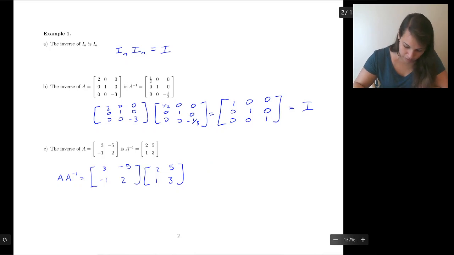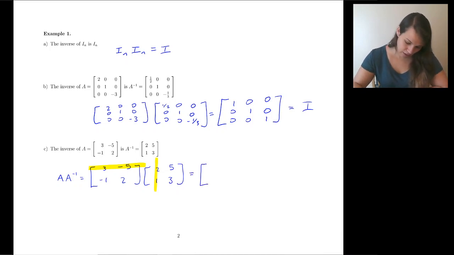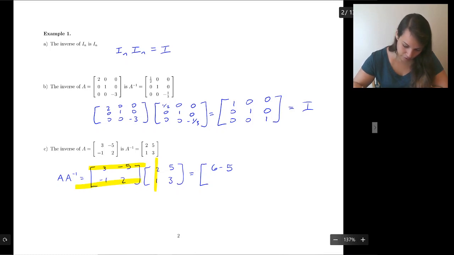Okay, so matrix multiplication. Row 1, column 1 gives us the first entry. So that's going to be 6 minus 5. And then we're going to go after row number 2, and that's going to be -2 plus 2.